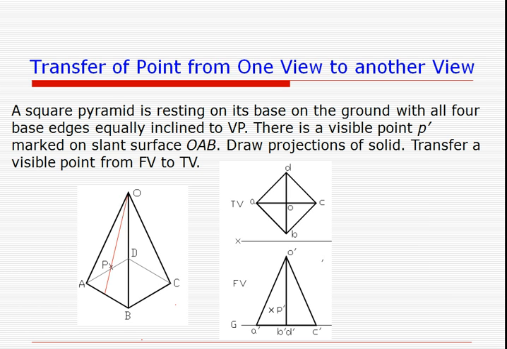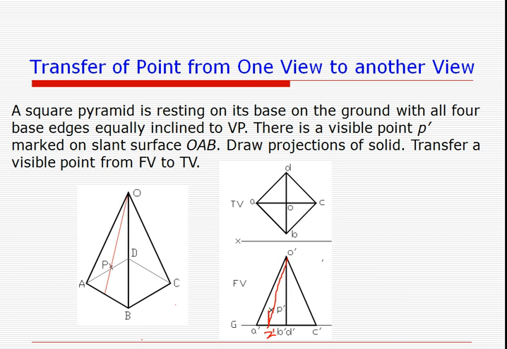So what is that? We have to draw a line passing through P dash and O dash, like this one, and here we shall get a point, let us say some dummy point Z. Rather, since it is the front view, it is Z dash.